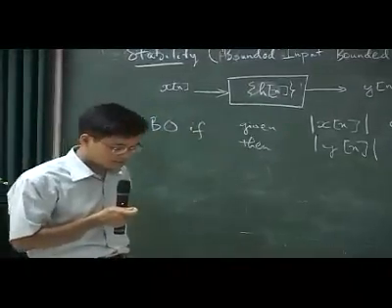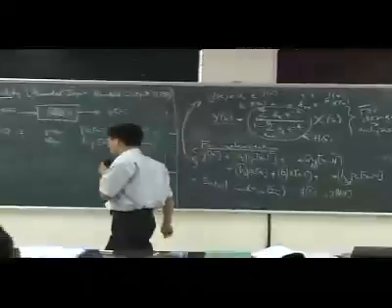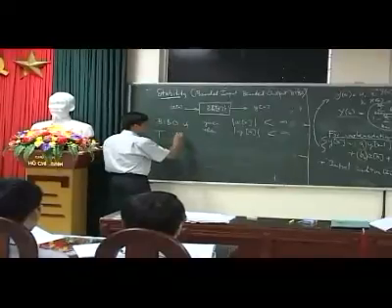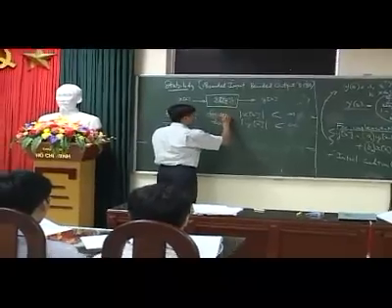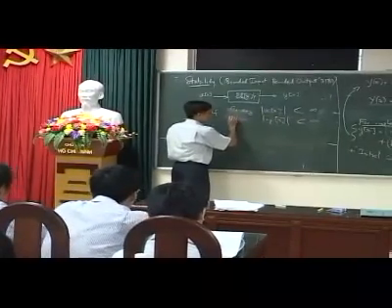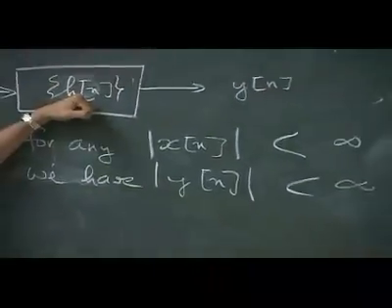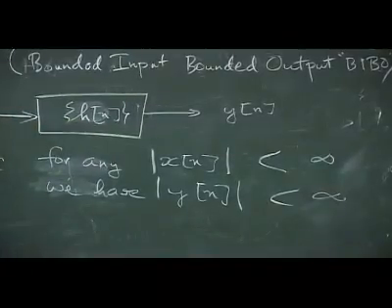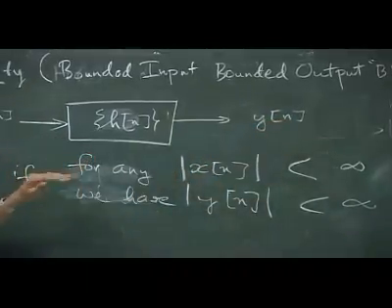So the system is like this. The system is like that. And let's put a theorem here. I should say, for any input coming in that is bounded, we have the output bounded, right? That is the stamp I can put on this system, a BIBO system. The stamp I put in is, if you put something bounded inside, I guarantee the output is also bounded, right? And for any, that's the keyword, for any.